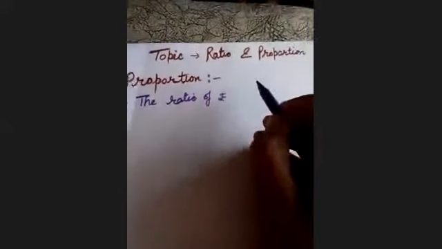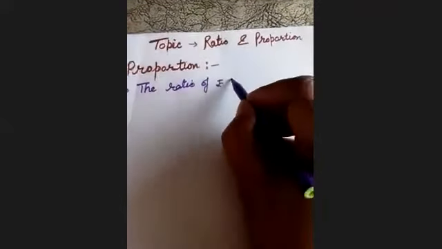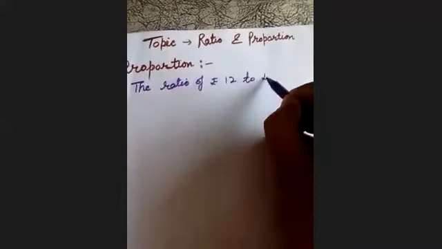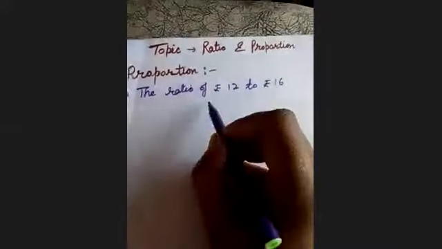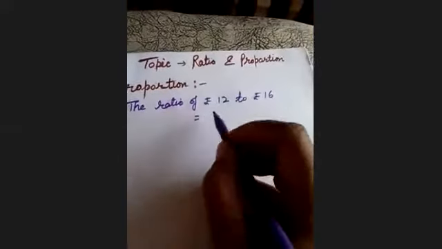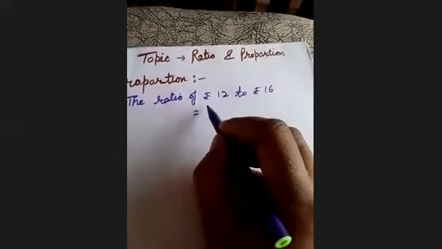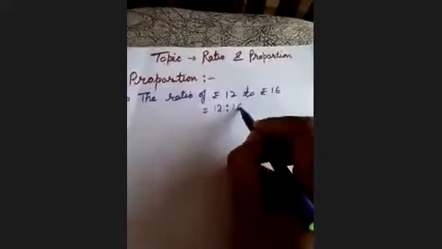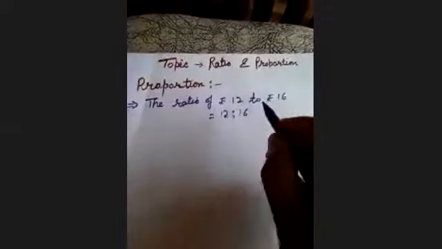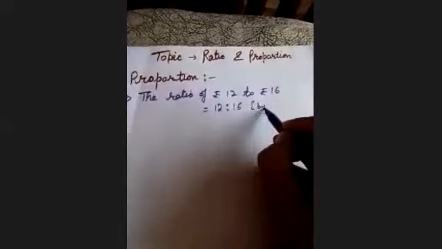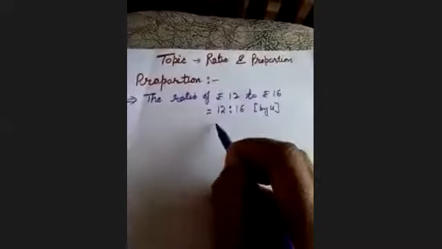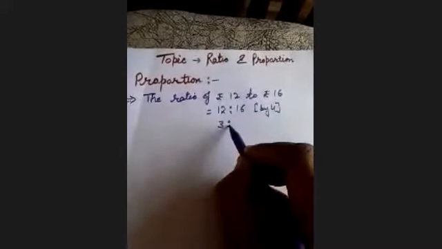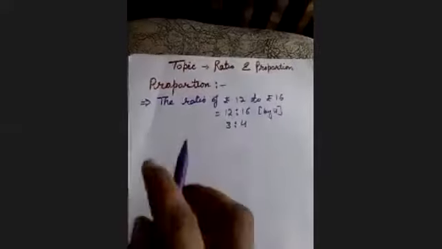Now write this ratio and convert it into its simplest form. That is 12 ratio 16, by dividing by 4, the simplest form is 3 ratio 4.